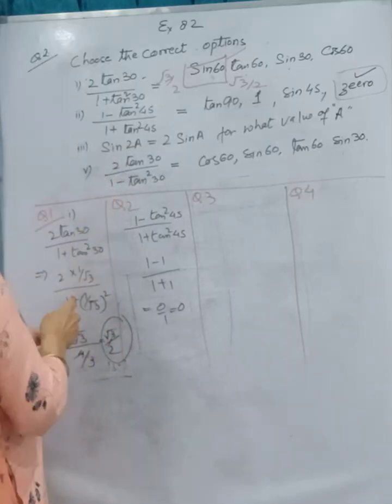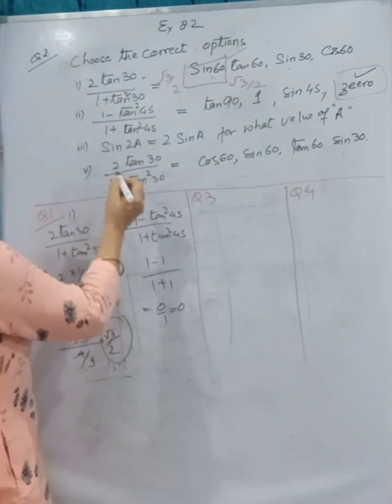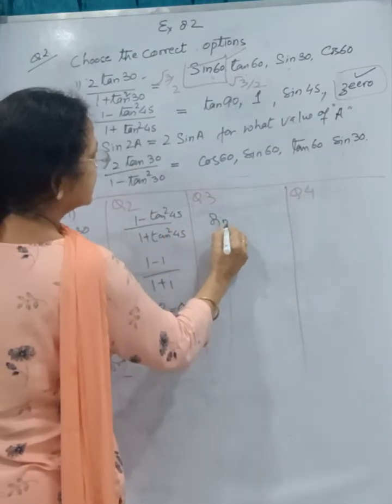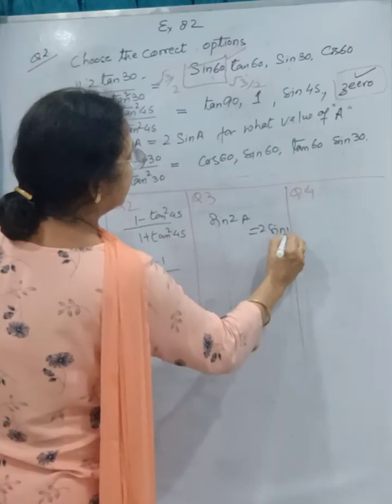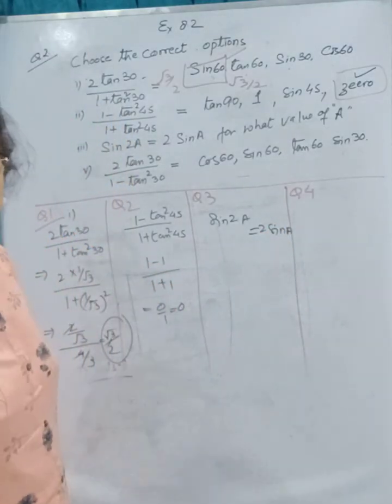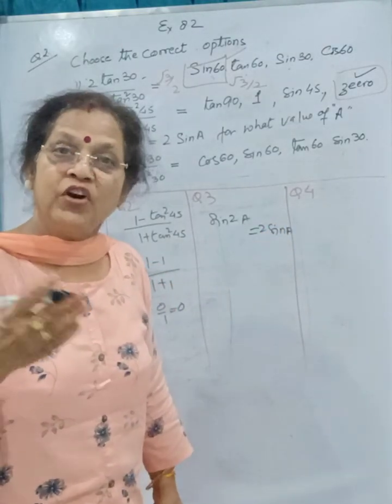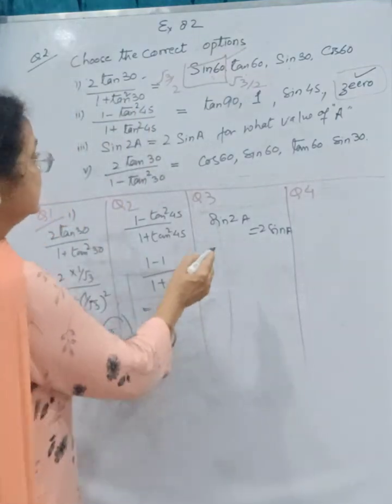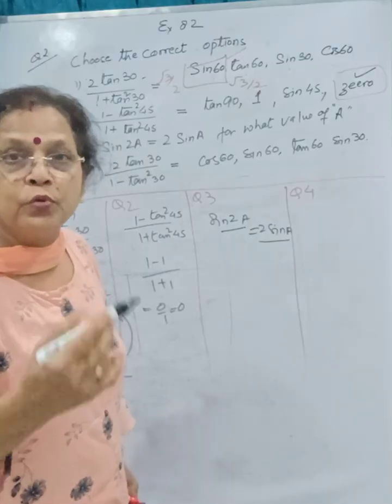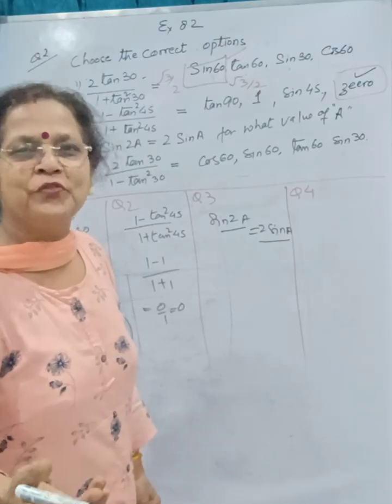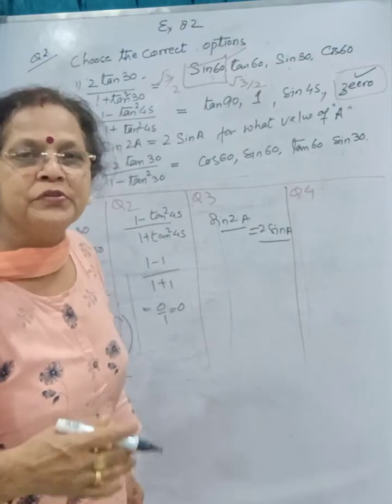Second one or third one. Sin of 2A is equal to 2 sin A for what value of A? For what value of A? Sin of 2A will be equal to 2 times sin of A. That is for 0 itself, because sin 0 is equal to 0.